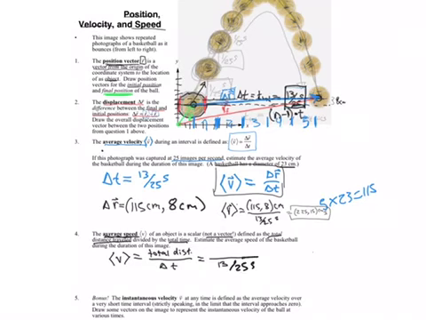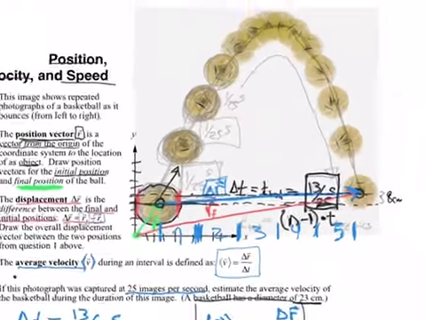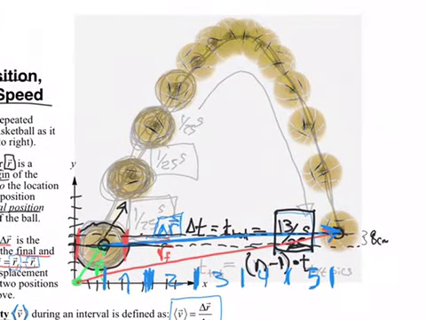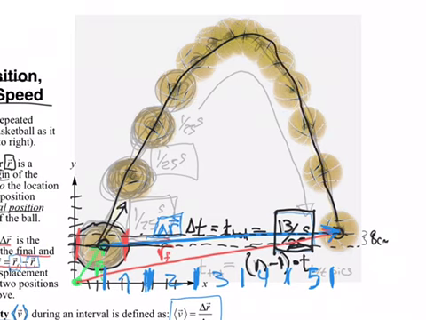Now the total distance traveled along the path, well, that would be this line here, how long this line is. We already calculated that our vector for the displacement was 115, and if we look at the distance of that, it seems as if maybe that's about the same as this distance. Maybe that's the same as this distance.